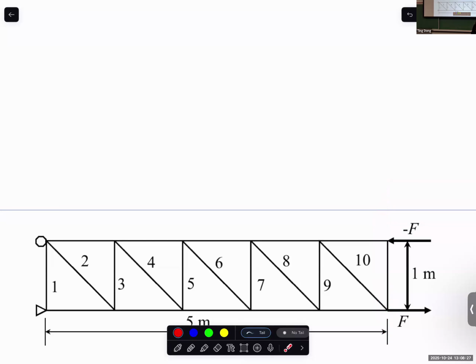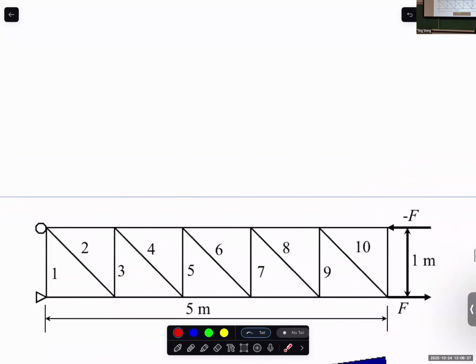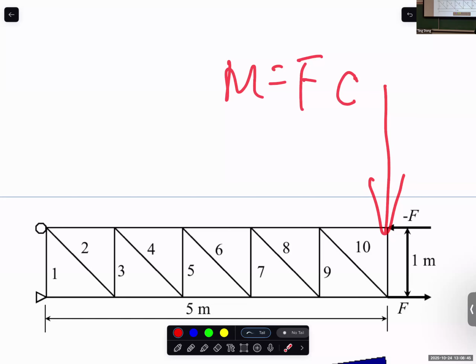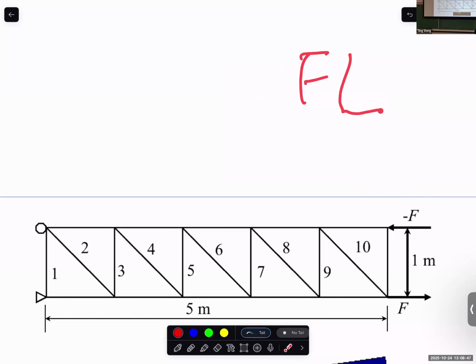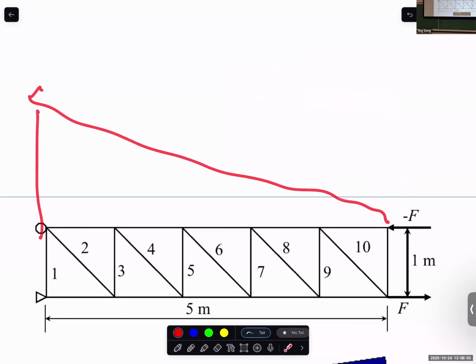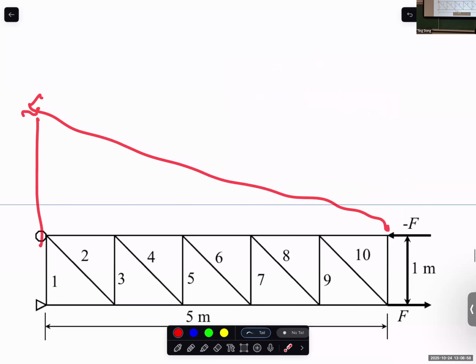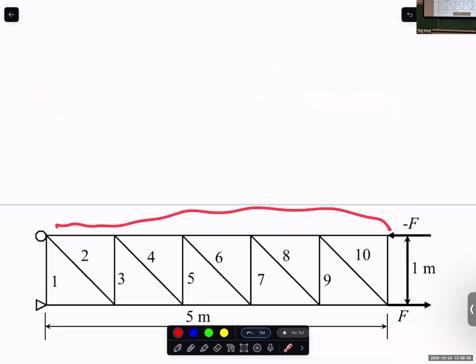Again, when you have a couple applied, the bending moment in this beam is constant. Let's say if I apply a force like this, then the bending moment is not constant. The bending moment magnitude is F times distance. If I apply a force in the upward direction, then the bending moment magnitude is maximum at the root and minimum here, because the distance increases.